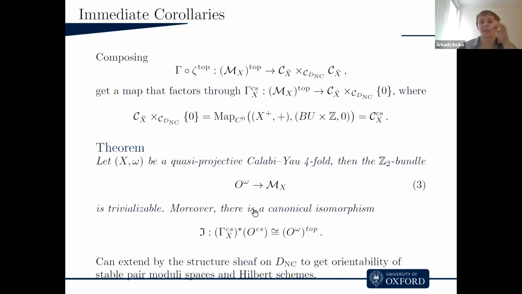So a similar argument can also be used to prove orientability of moduli spaces of stable pairs and Hilbert schemes, which is something that mostly people who do computations care about.